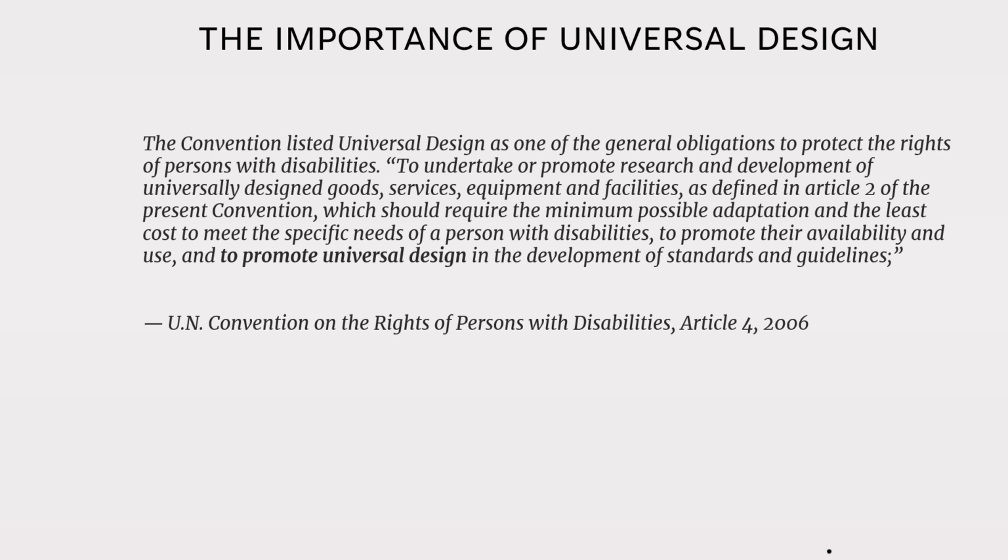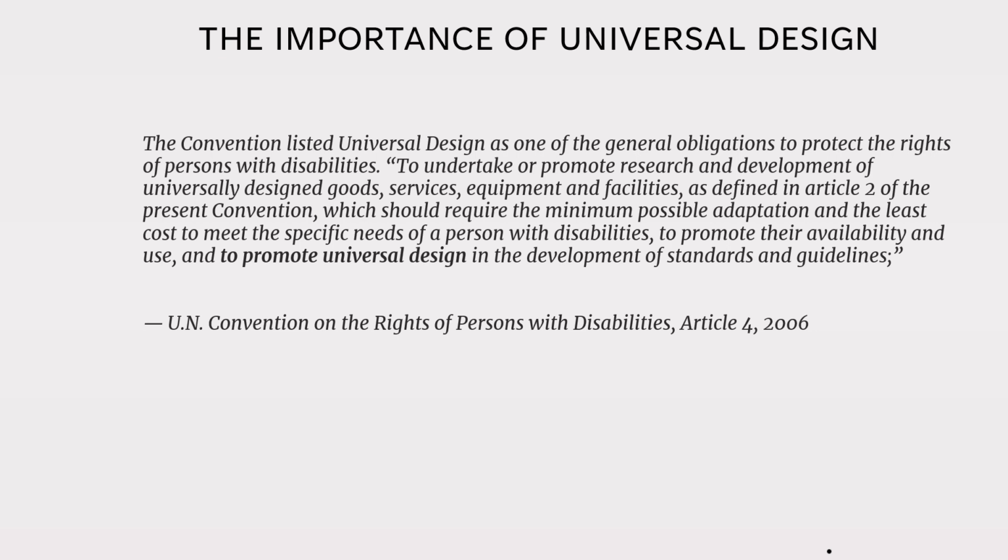So, what is the importance of universal design? The most important international work on accessibility is the Convention on the Rights of Persons with Disability, or CRPD. We refer to it as the Convention by lawmakers and the disability community. It is the first major human rights treaty for the 21st century, and it protects the rights and dignity of persons with disabilities.